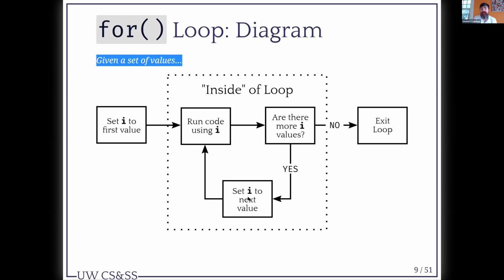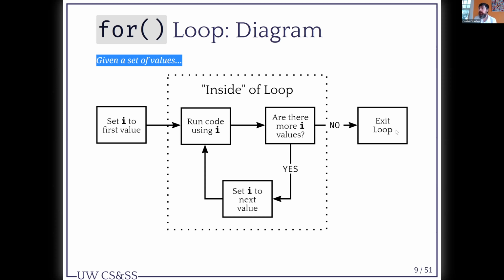I will be updated to the next value in that set of values, and then we'll do the code again. And if there are 10,000 values, we're going to go through this circle 10,000 times, right? Once we run out of values, it's going to say, are there more values? Nope, we stop. That is the entire essence of a for loop, okay?